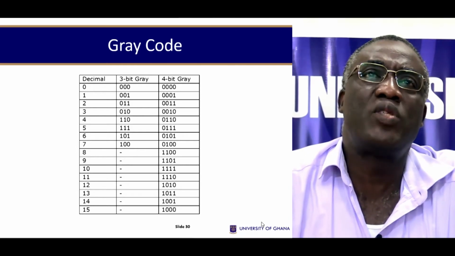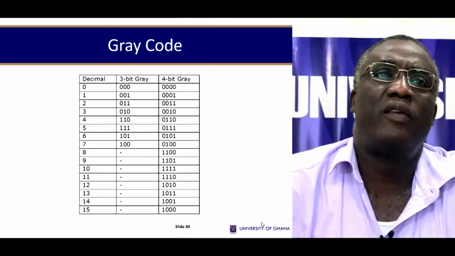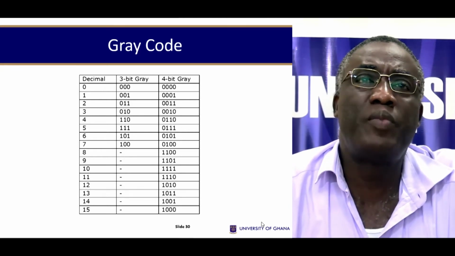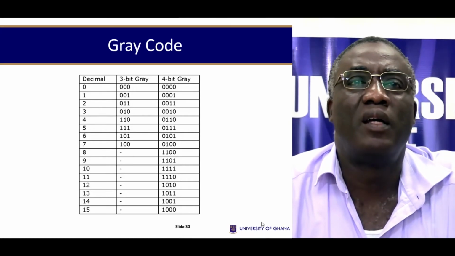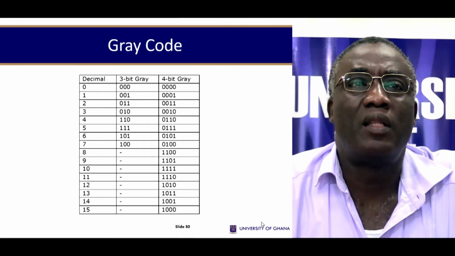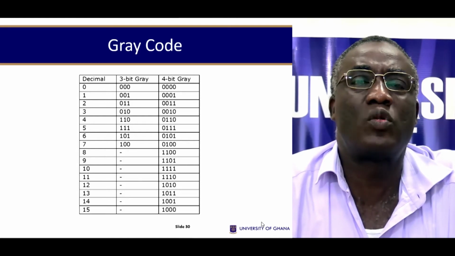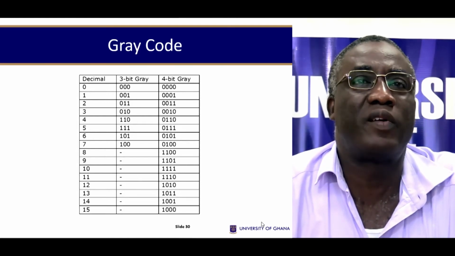All the other bit positions are the same. Between 8 and 9, all the bit positions are the same except one position where they differ. Likewise for 13 and 14, all the bit positions are the same except one position in which they differ.